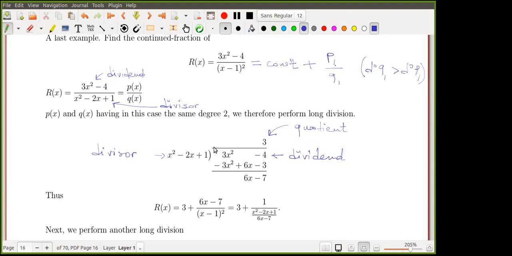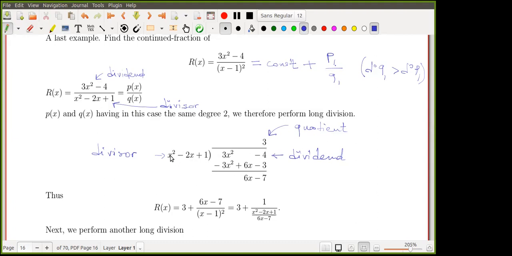So we take this expression. We start with the first term here. So 3x squared divided by x squared is 3. So we write our 3 there. And then we take that 3, we multiply the divisor and write it under the dividend.